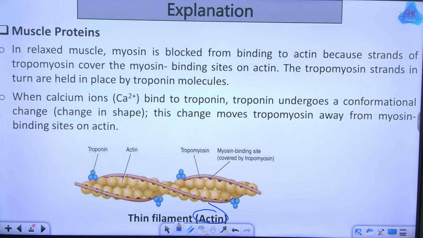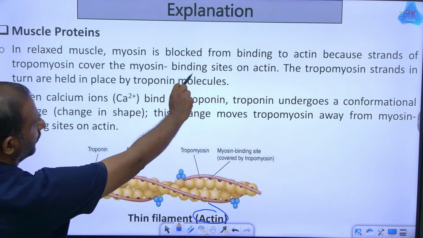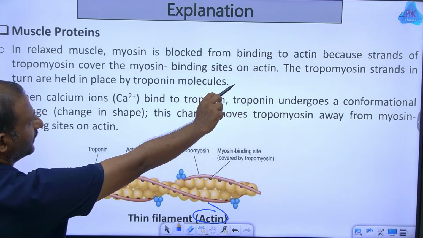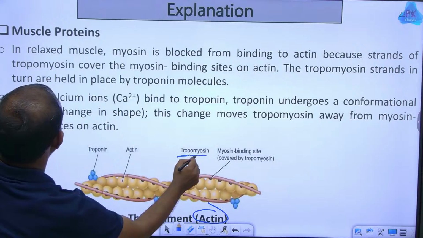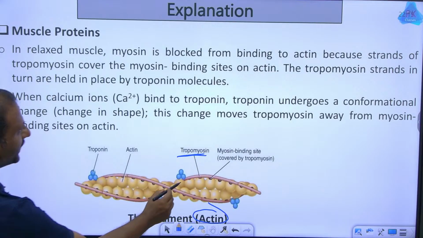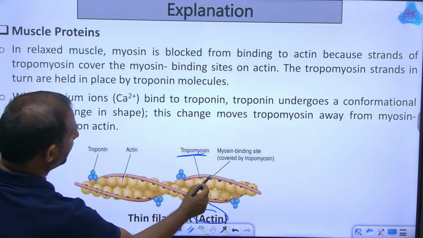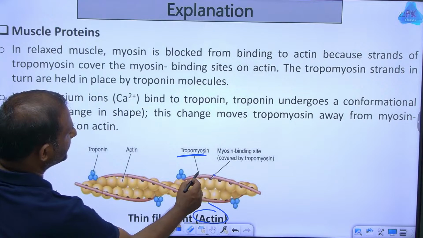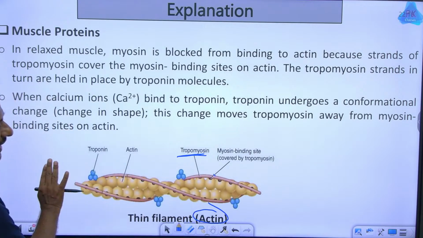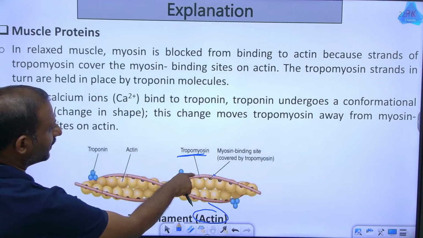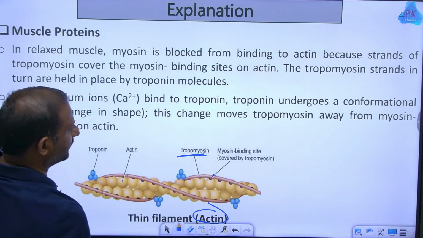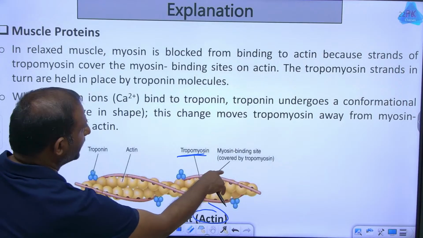In the relaxed muscle, myosin is blocked from binding to actin because strands of tropomyosin cover the myosin binding sites on actin. So generally in the relaxed state, tropomyosin will inhibit the myosin binding site because these are covered by the tropomyosin.